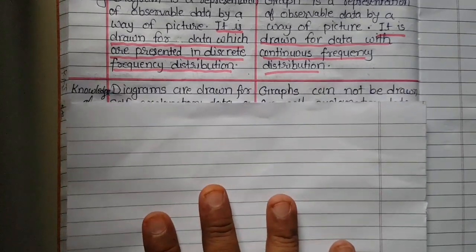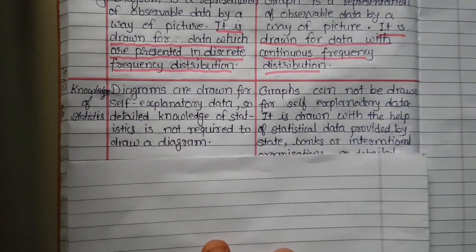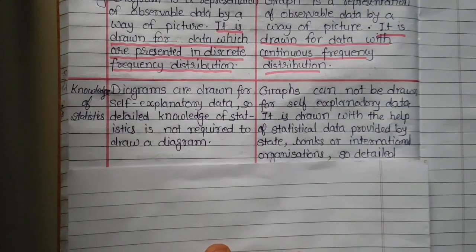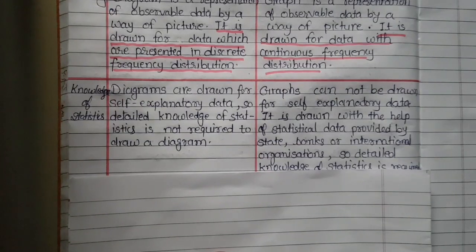The second point, knowledge of statistics. So friends, diagrams are drawn for self-explanatory data. Means, to draw diagrams, there is no need of data given by any organization or state government. It is self-explanatory, so you can use your own data.